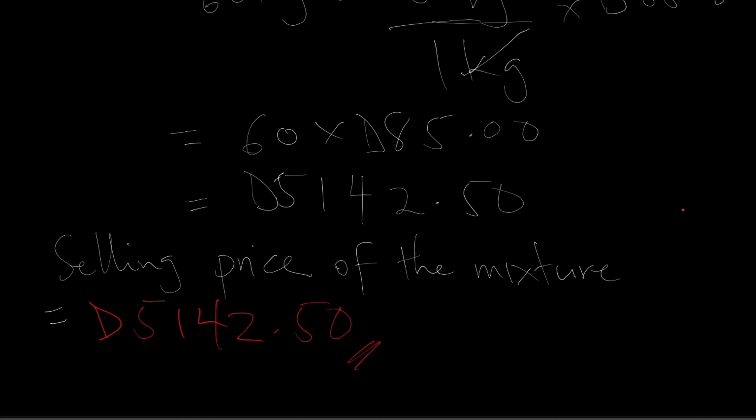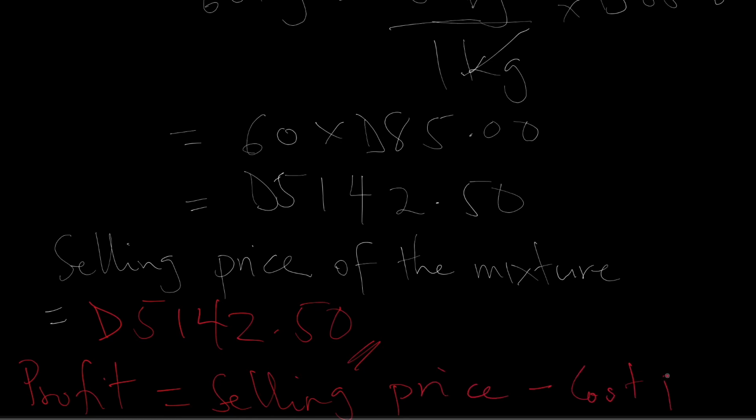Now to find the profit, we need to subtract the cost price from the selling price. So the selling price minus cost price. But we know the selling price, we don't know the cost price.